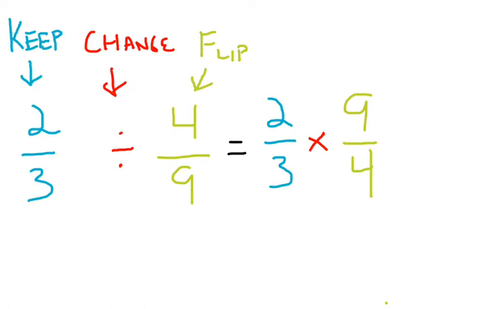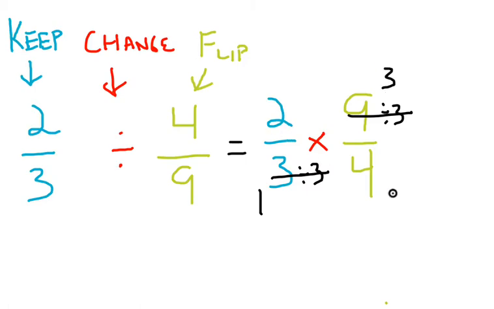First thing I'm going to do is look to see if I can cross reduce. And luckily I can. Looking diagonally at 3 and 9, I can cross reduce because they both share a common factor of 3. So I'm going to divide both of these by 3. That becomes 1, and this becomes 3.